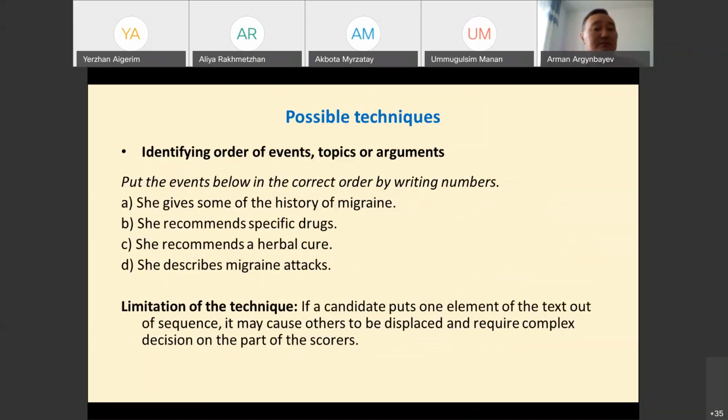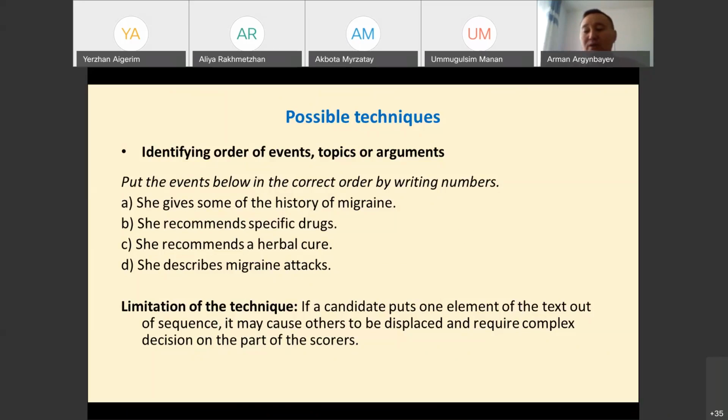Next technique, identifying order of events, topics, or arguments. We usually use it in practice exercises, in seminars, but we don't quite often use it in tests. I've never actually seen it in tests. Why?